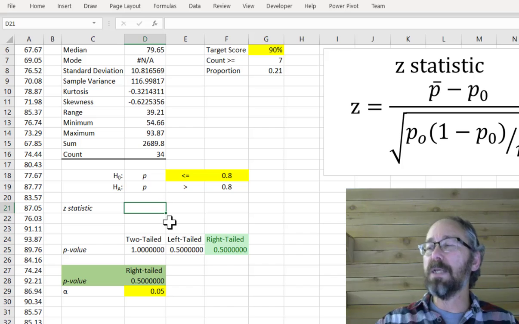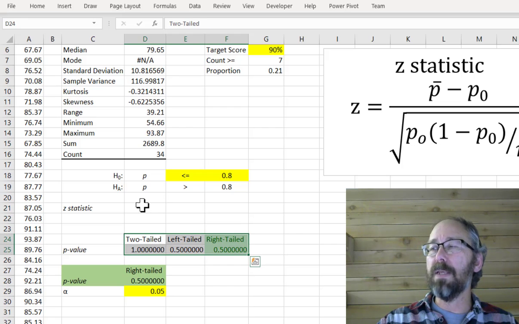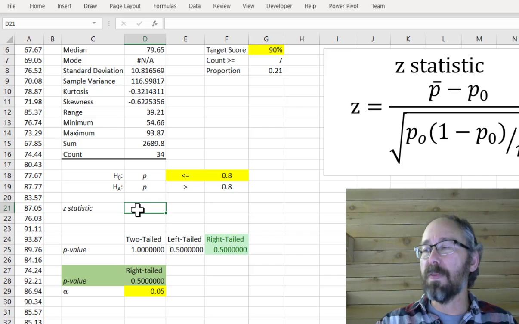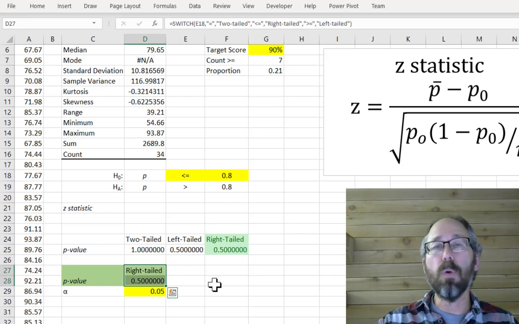Now note that because I copied this over from the mean worksheet, all of these calculations are already pointing at D21. And so once I do this, then my two-tailed, left tail and right tail, as well as my combined formula, will work correctly.